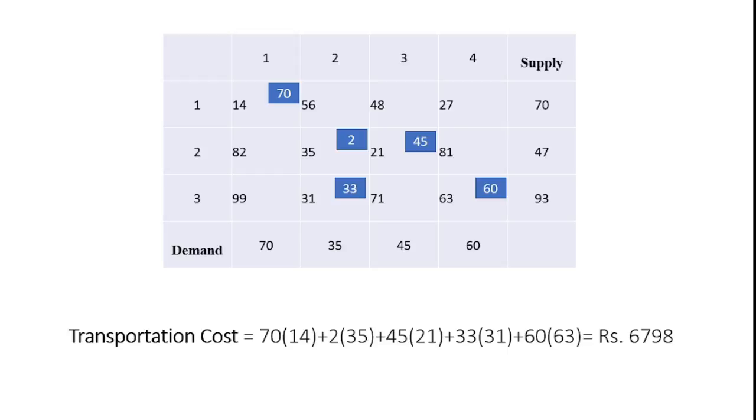In previous videos, we discussed the northwest corner rule method, the least cost method, and now Vogel's approximation method. From this, we can get the lowest transportation cost value. If we compare NWC, which means the northwest corner method, the least cost method, and Vogel's approximation method, we can see which method gives the lowest transportation cost.